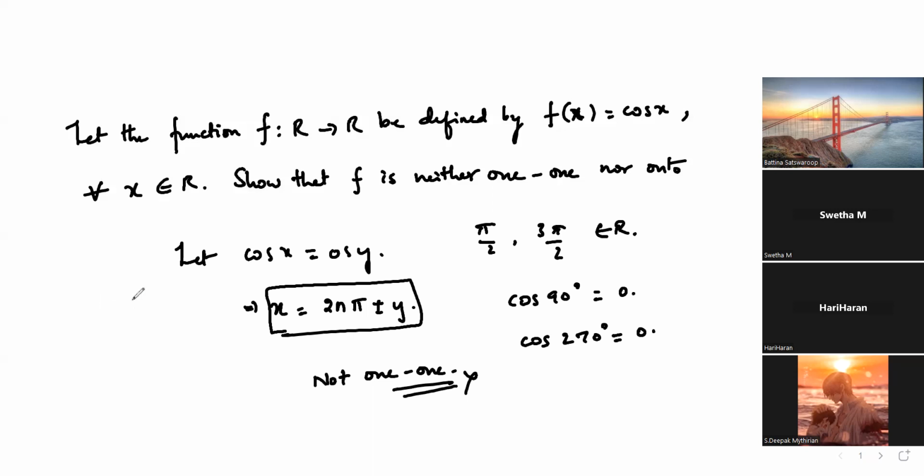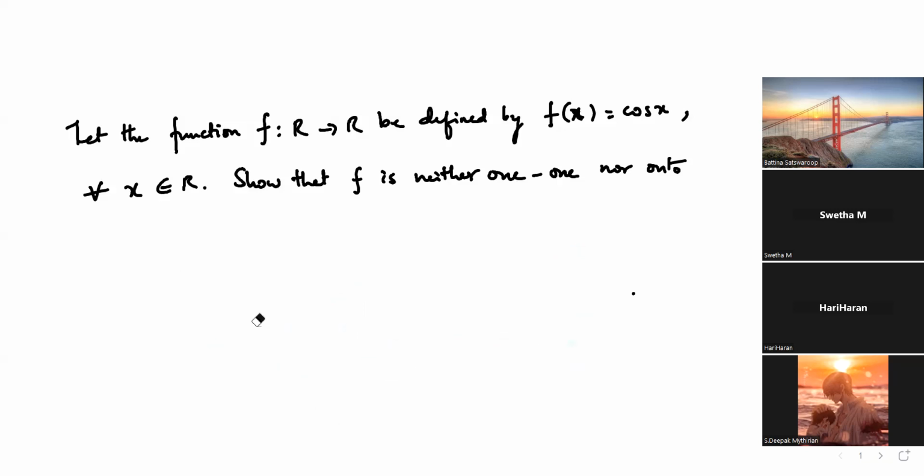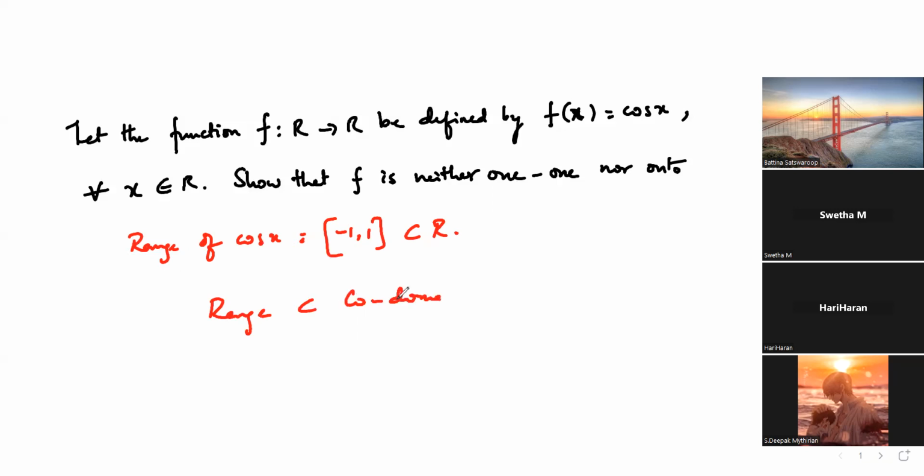What can we do? We can finish it simply. Shall I explain in detail? Simple or both? Yes, sir. First, take range of cos x, that is minus 1 comma 1, which is a subset of R. That is nothing but range is a subset of codomain.